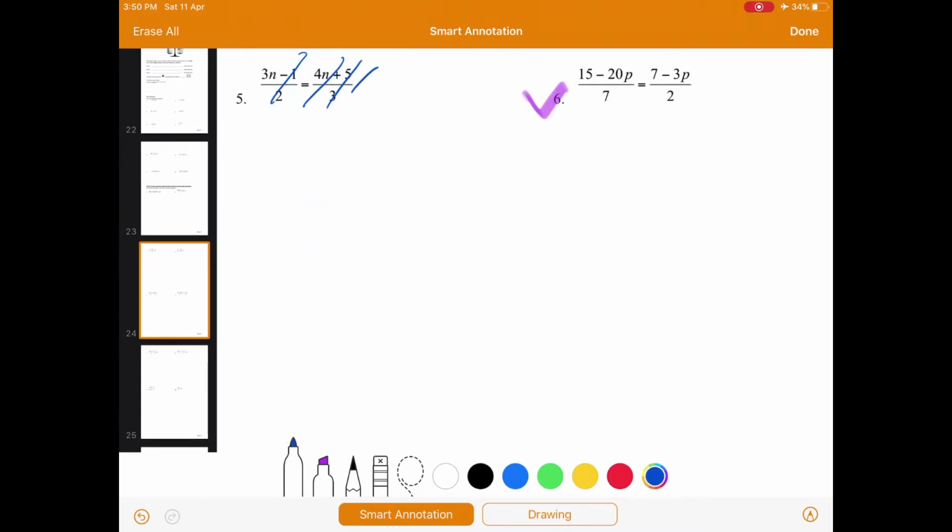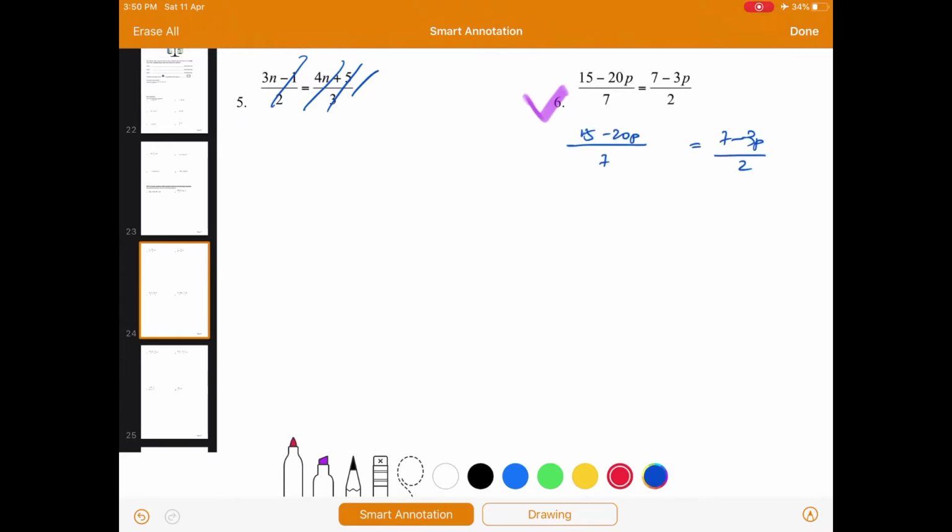Question 6. The lowest common multiple of 7 and 2 is 14. So on the left hand side, I need to multiply the numerator by 2, denominator by 2. On the right hand side, I have to multiply the numerator and denominator by 7 each. So let's simplify this.